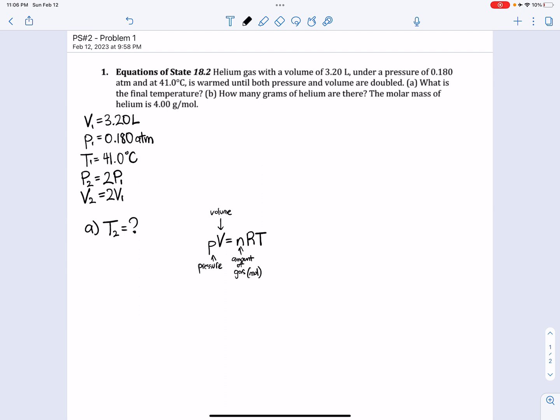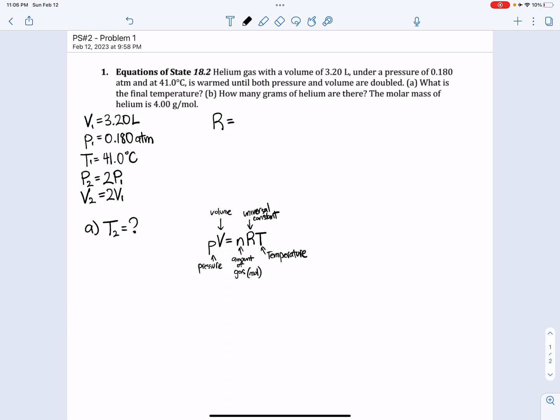And this is the universal constant R, so it doesn't change. Actually, I'll also write down the value of R. And then this is temperature, right?